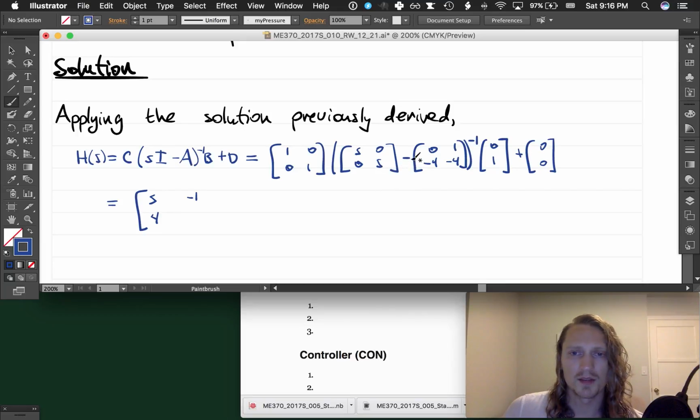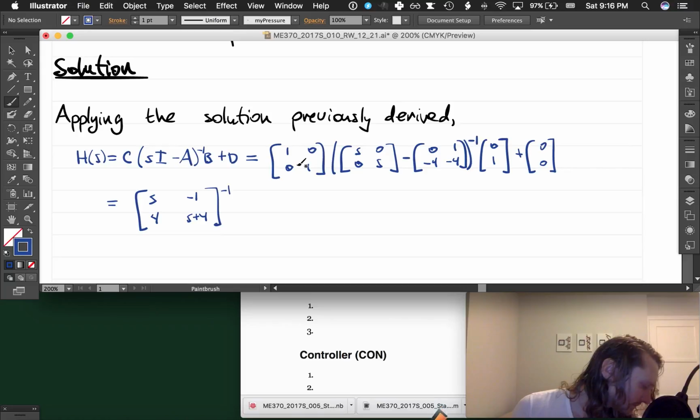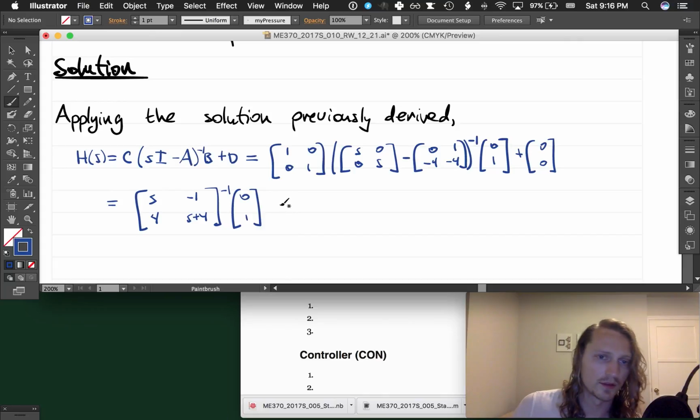Last term is s minus negative 4, which is s plus 4. We need to invert this, and then we're going to be multiplying it by the B matrix still, which is just 0, 1. And the D matrix, the plus 0, has no effect, so we can just drop that. So let's just go ahead and write that.